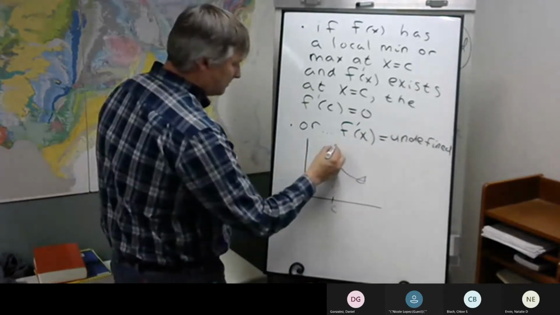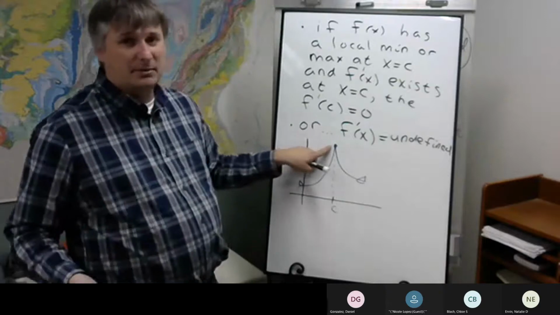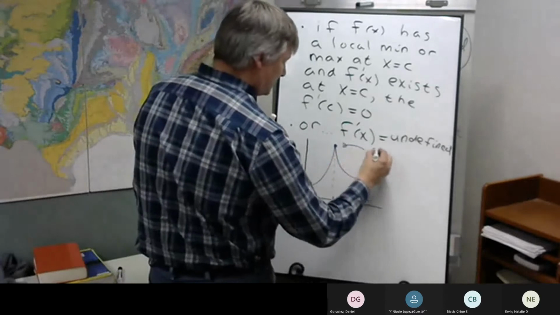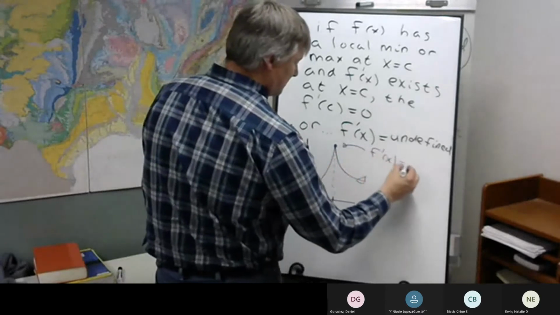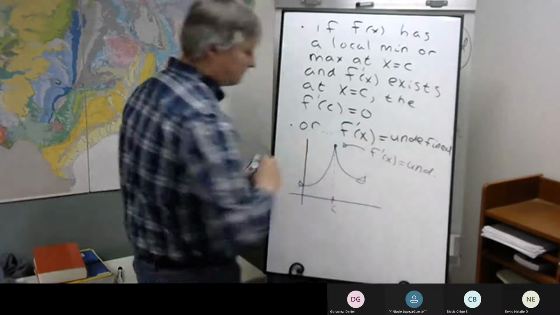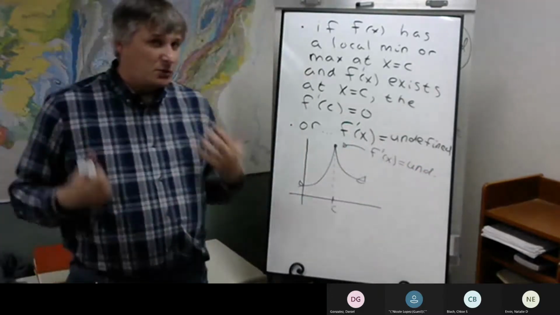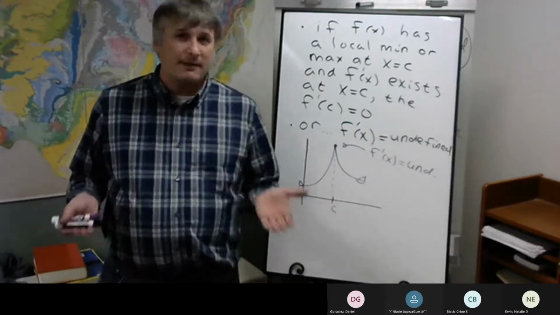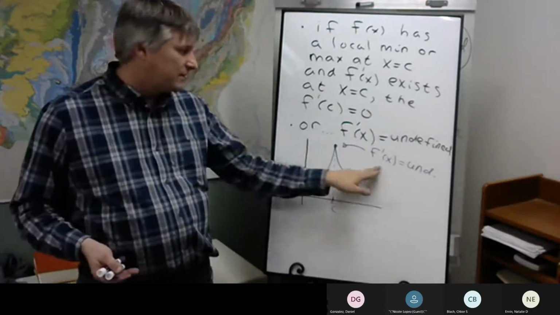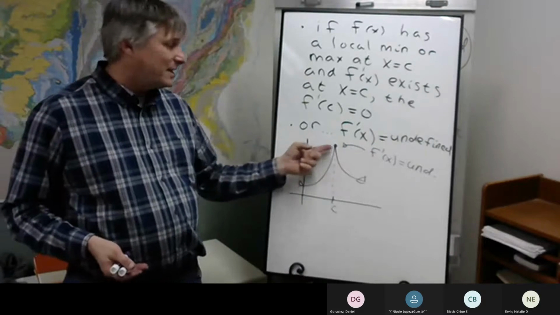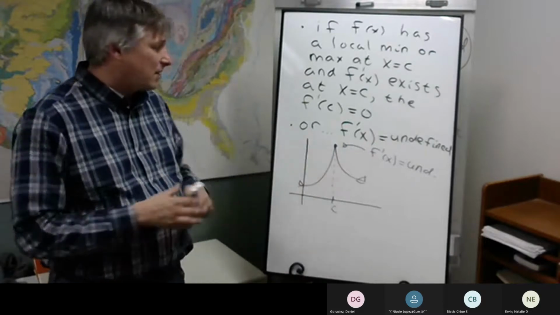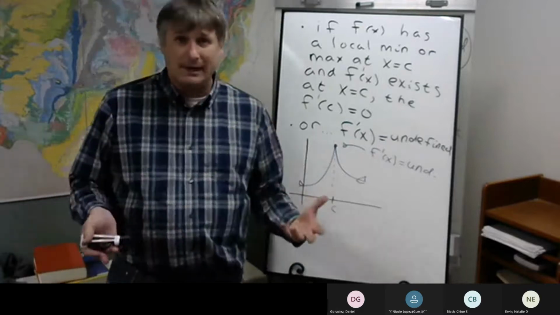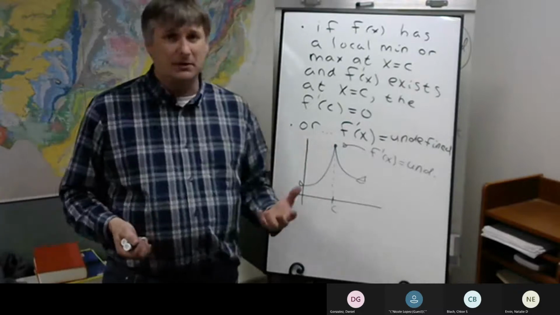If you recall, when we have a cusp like this, that means the derivative is undefined. So we could have a situation where we might have a maximum or a minimum, and the way we can find that point is we want to look where the derivative is undefined, and we want to test that point also. So now it might not turn out to be a minimum or a max compared to what's going on with f of x in other locations, but it is a point we're going to be interested in.